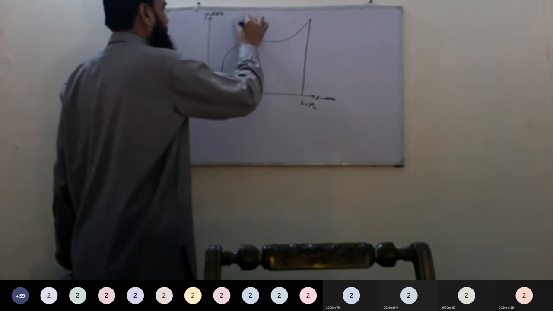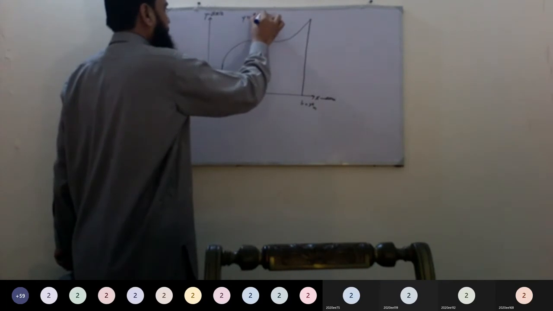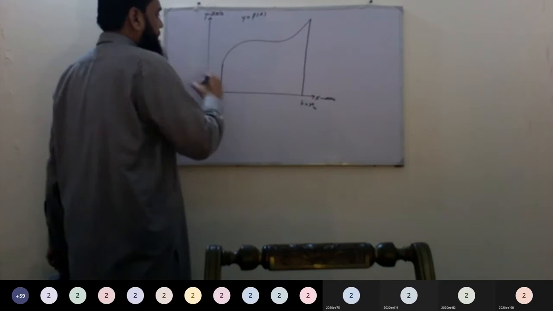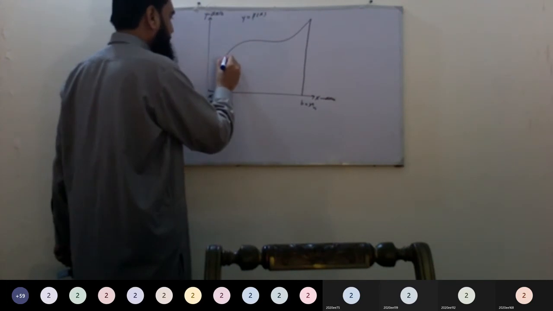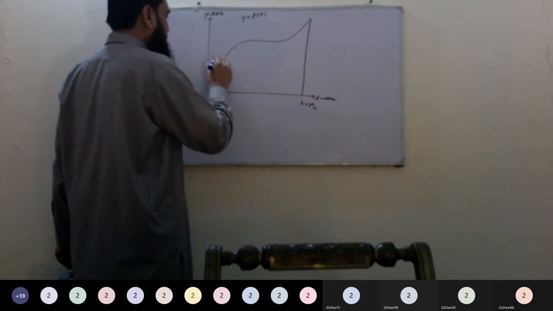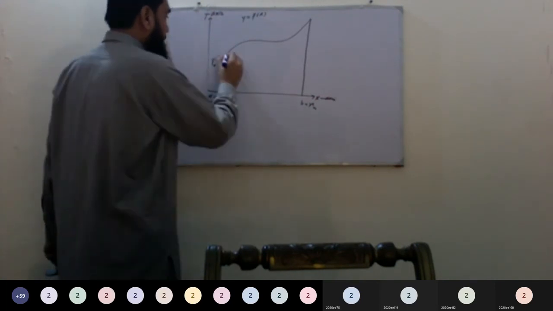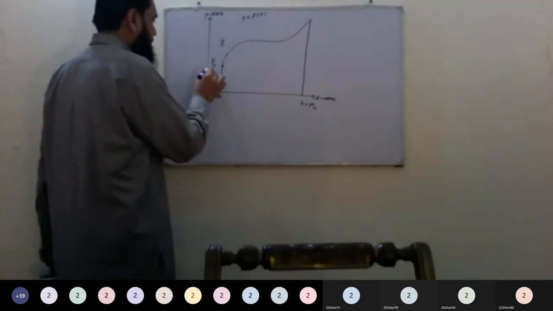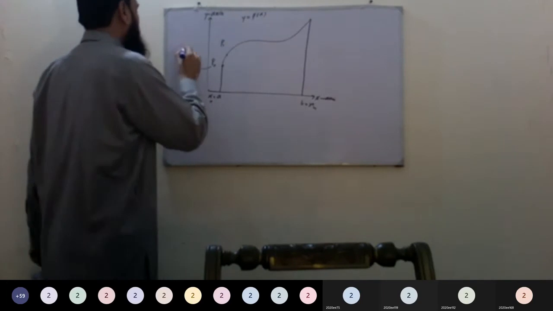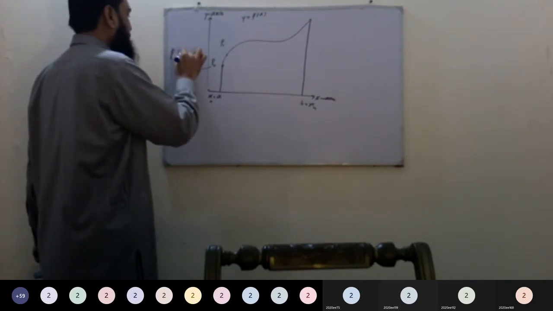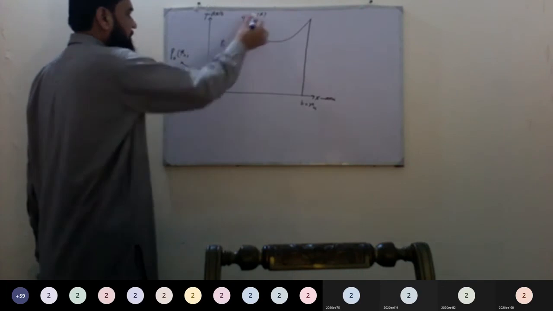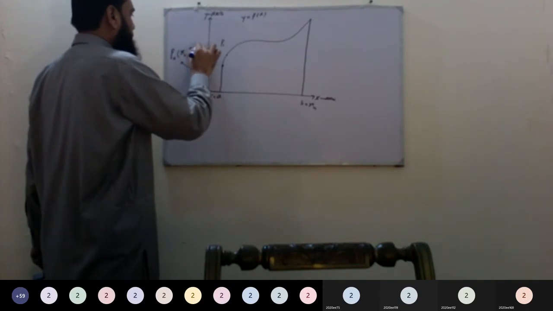So what do we do? We have a curve y is equal to f of x. We subdivide it into subarcs. How do we do that? For example, we have a point P naught corresponding to x naught. Then we will have another point, P1. What is P naught? Effectively, P naught is an ordered pair corresponding to x naught, where the value of the function would be f of x naught.